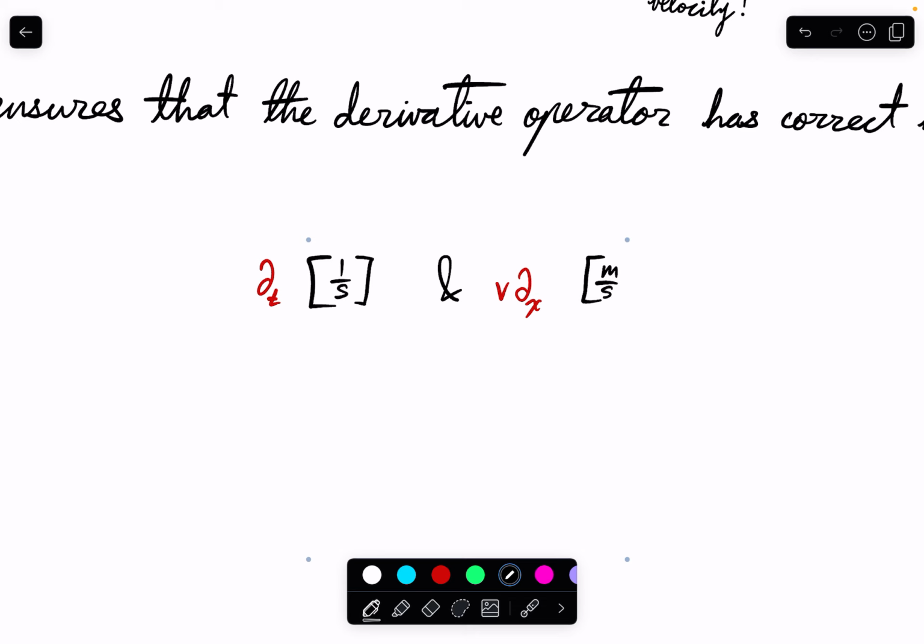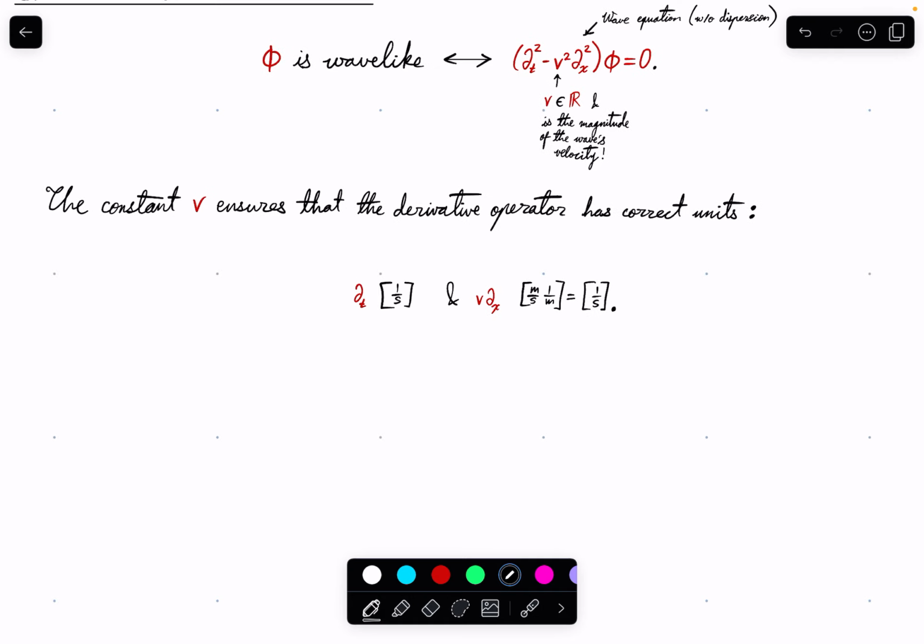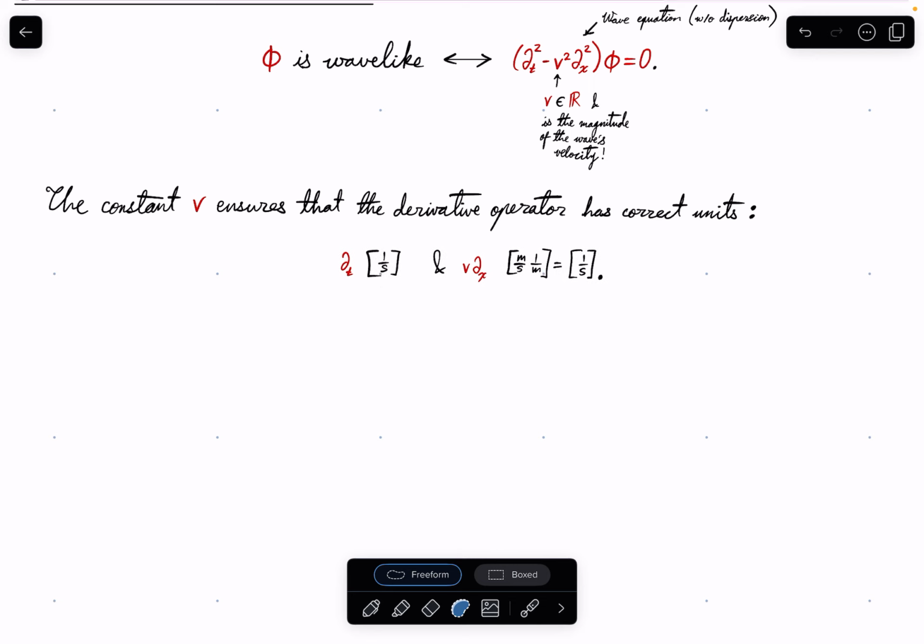Velocity has meters over seconds, and dx is 1/meters, which is equal to 1/seconds. So you can see that these do have the same units. And that's what this constant of velocity does.